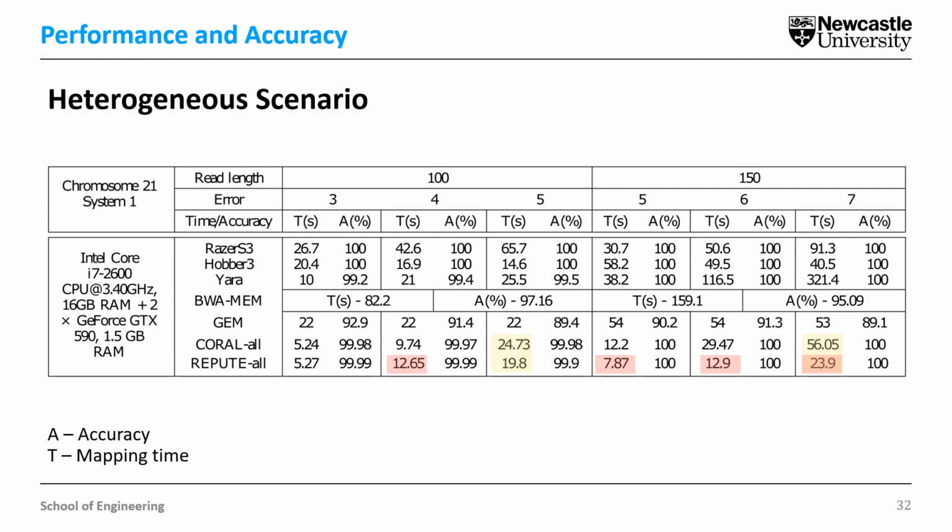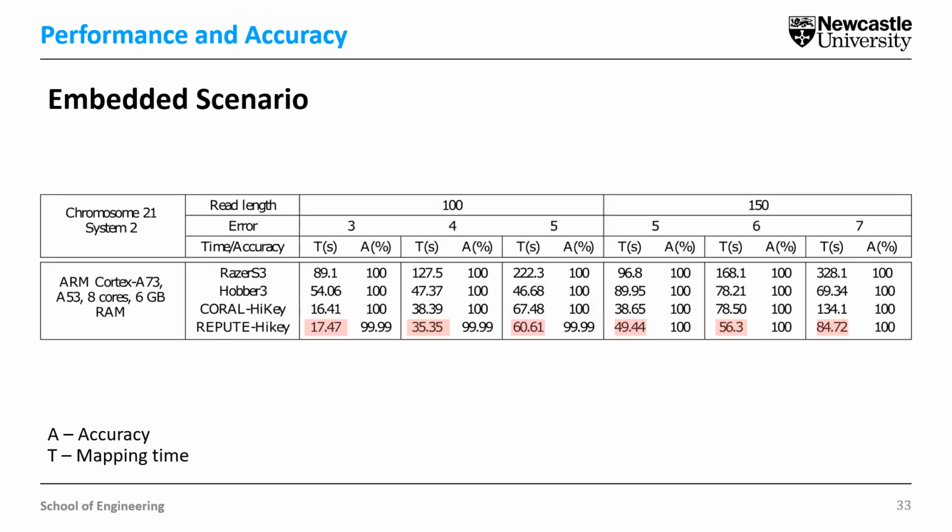When we use GPUs with REPUTE, our computation time again falls by almost a factor of 2, so we are almost up to 2x faster than the homogeneous scenario. This result demonstrates that with the availability of GPUs and other processing units on a heterogeneous platform, if they are used to distribute the workload, we can achieve higher performance.